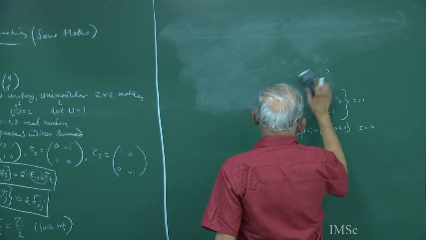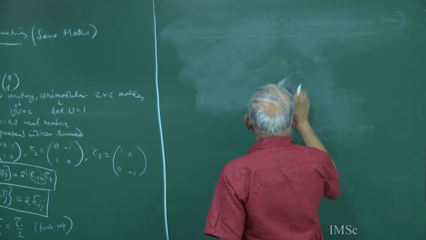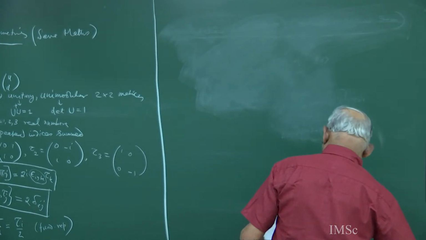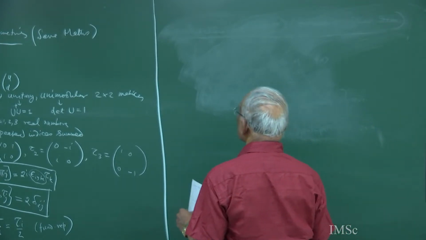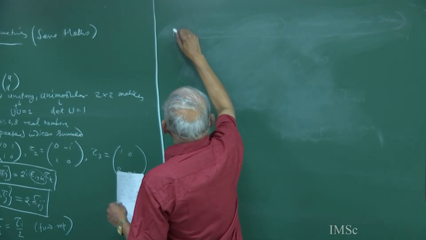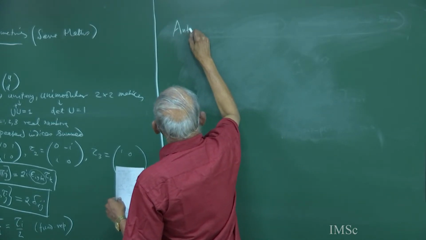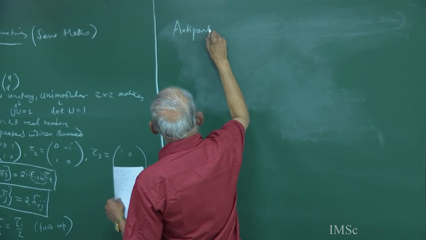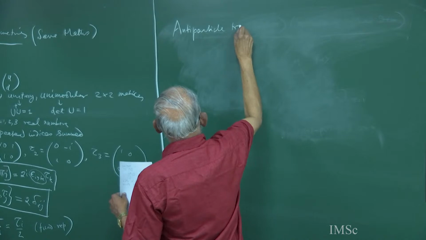I want to ask, how does a doublet of antiparticles, how do we write the wave functions? This is again a repetition of what I did yesterday. Antiparticle transformation.